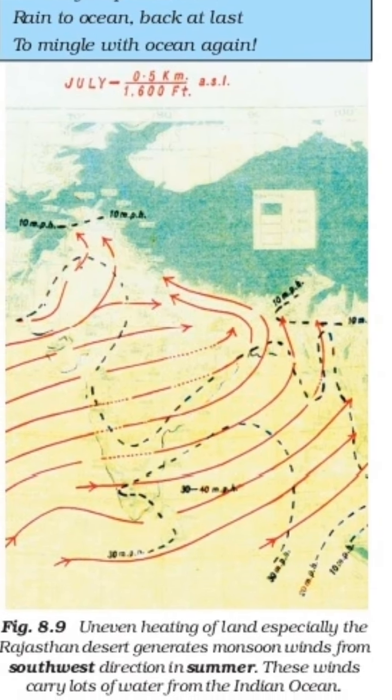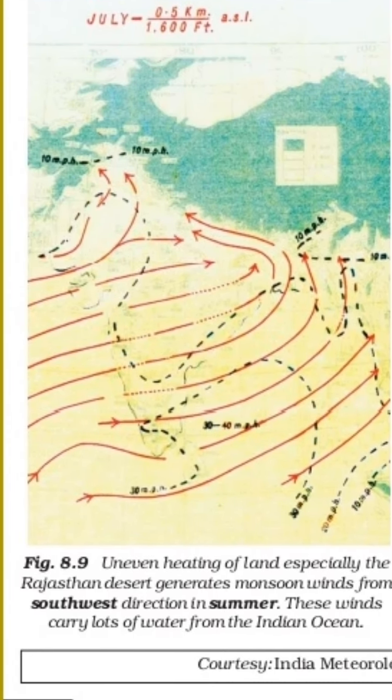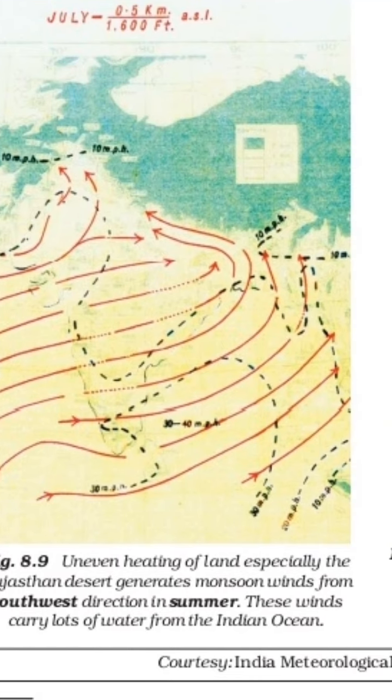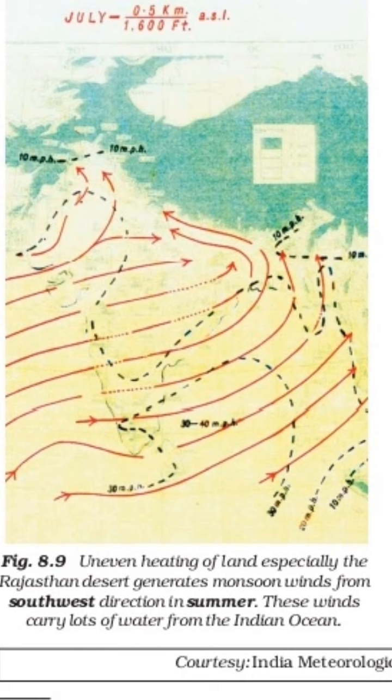Now here two diagrams are given. Uneven heating of land, especially the Rajasthan desert, generates monsoon winds from the southwest direction in summer, and these winds carry a lot of water from the Indian Ocean.